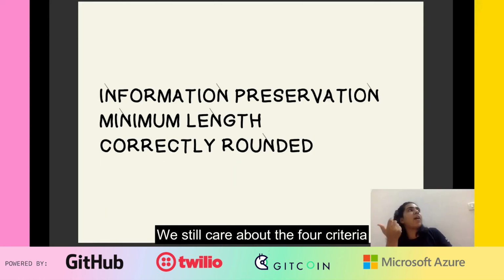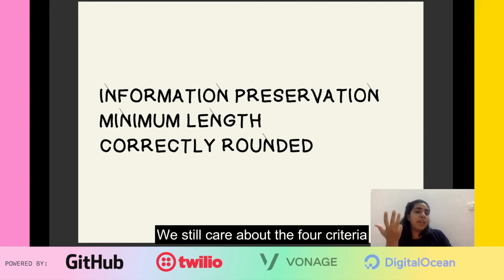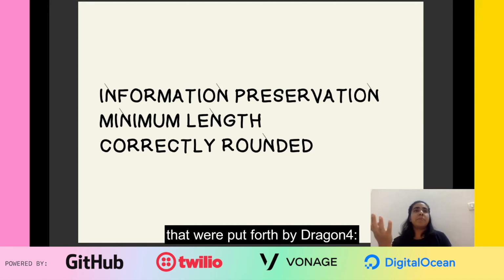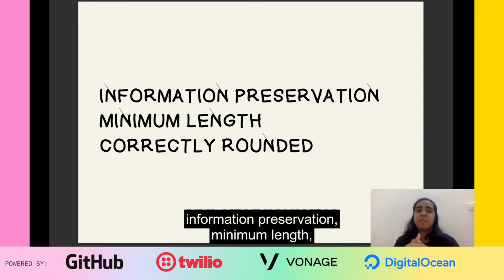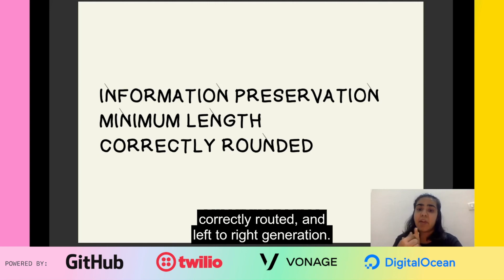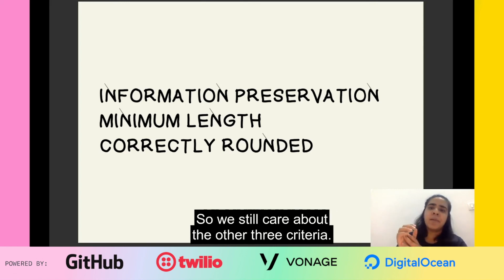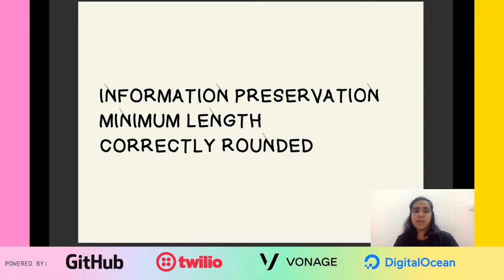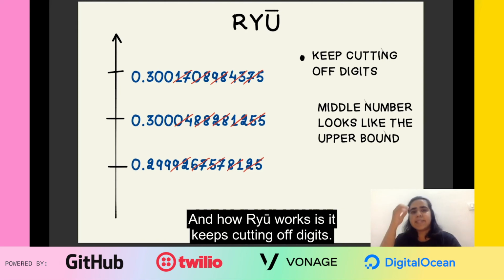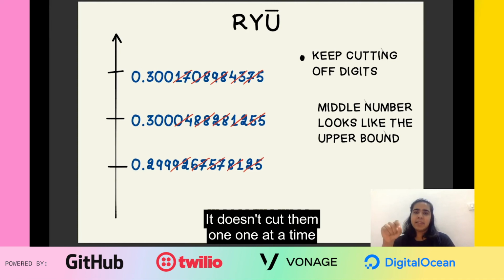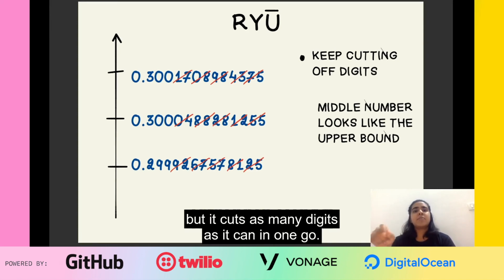We still care about the four criteria that were put forth by Dragon 4: information preservation, minimum length, correctly rounded, and left to right generation. But this algorithm is not doing generation anymore, so we still care about the other three criteria. And how Ryu works is that it keeps cutting off digits, and it doesn't cut them one at a time, but it cuts as many digits as it can in one go.